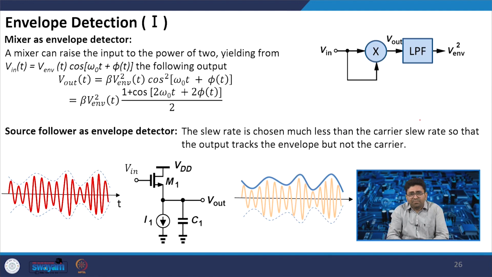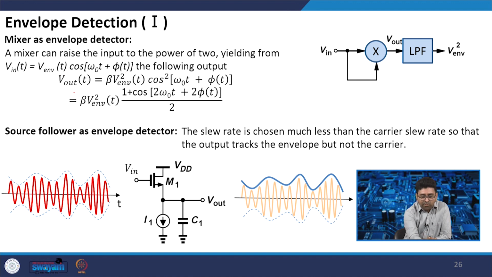There are different kinds of methods by which we can design an envelope detector. The simple method is we give the input to the mixer, and the LO signal will be shorted. It will square the signal. So, V in t is V envelope cos omega naught t plus phi t.